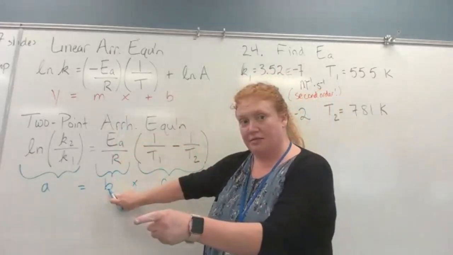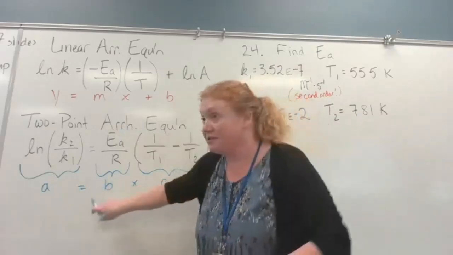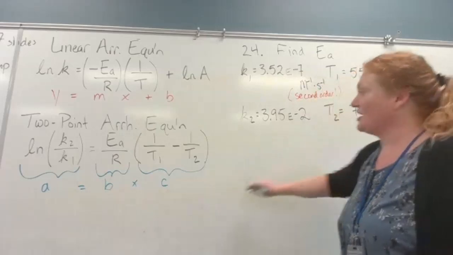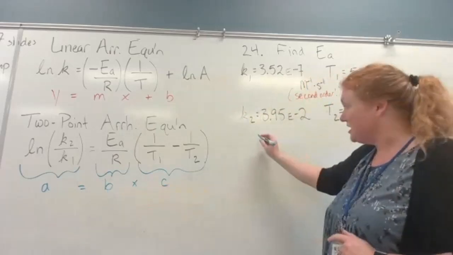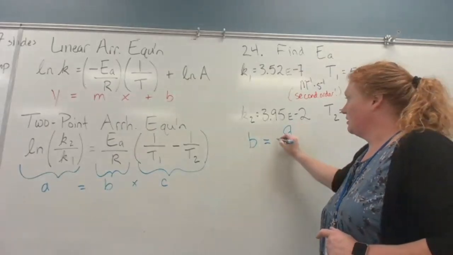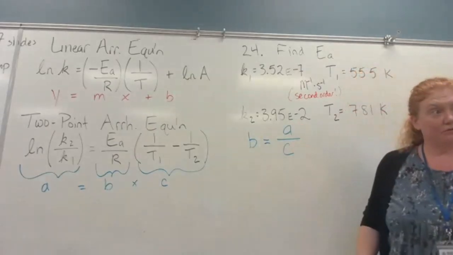So what am I going to do to both sides? Divide both sides by C, right? I'm trying to get B alone. So B equals A divided by C.